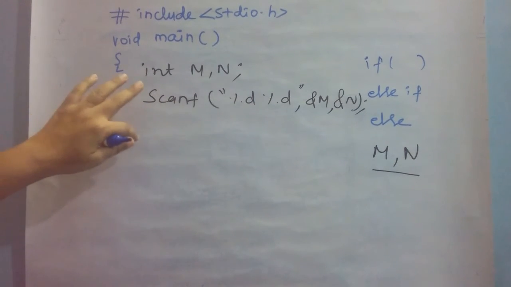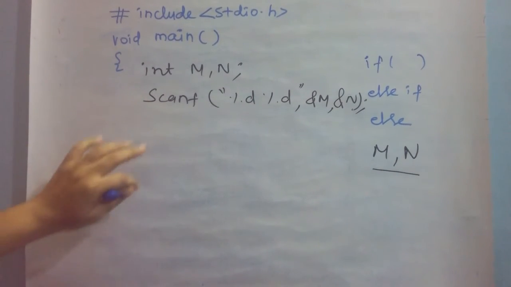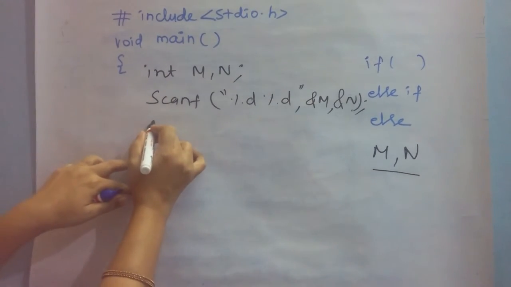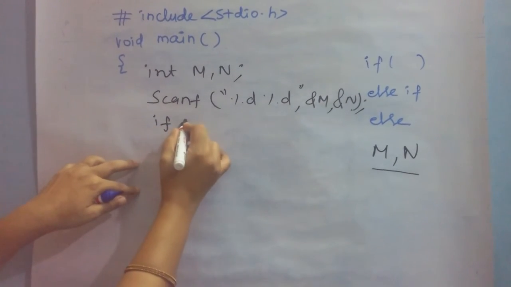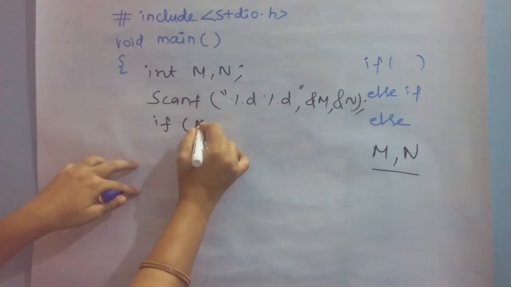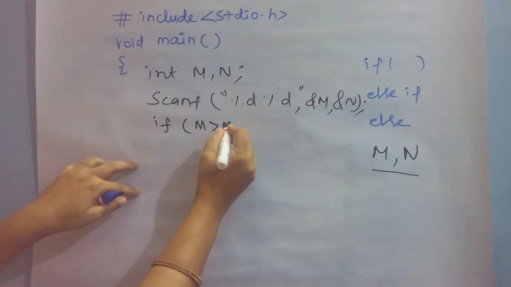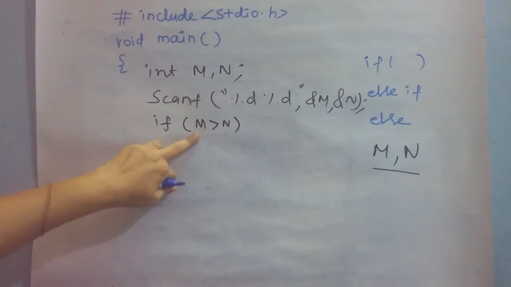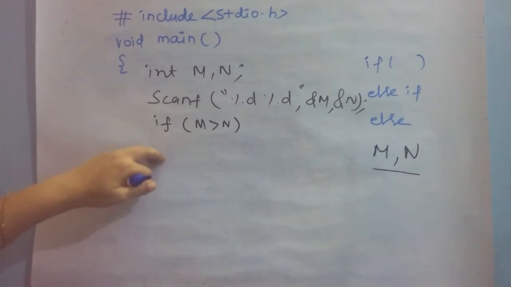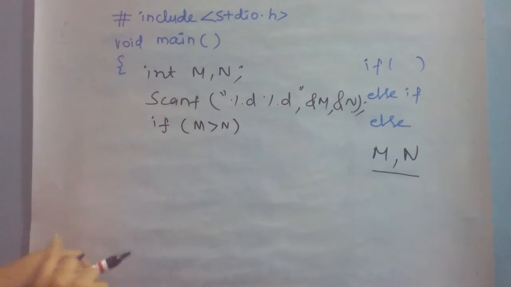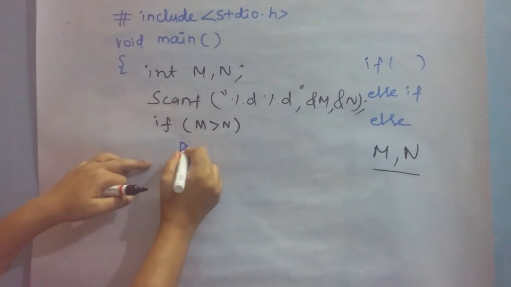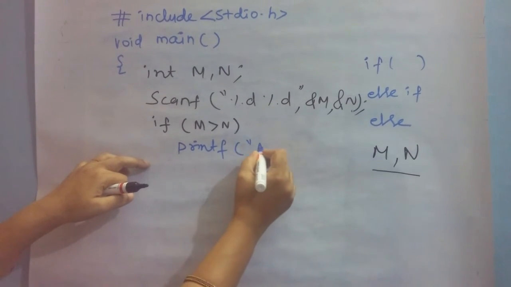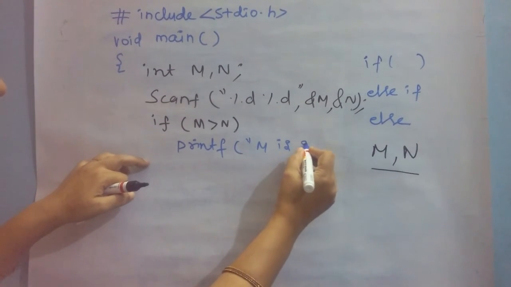Once you have the values for m and n, we are supposed to check which one is greater. For this, I'm going to use an if statement: if m is greater than n. If the condition is satisfied, meaning m is greater, I'm going to write a printf statement, or output statement, stating that m is greater.